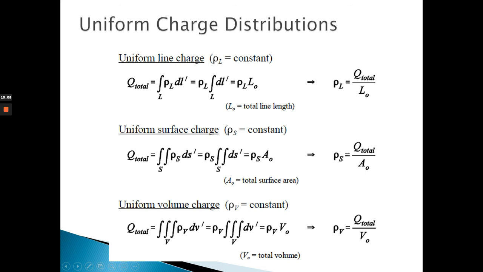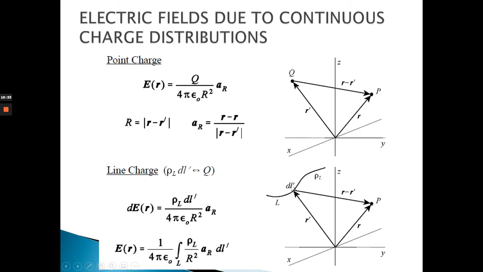Remember one thing: for line charge you integrate once, for surface charge you integrate twice, and for volume charge you integrate three times, because there are 3 variables. Here there is 1 variable, because this is a single line. Here it is length and width, and here the length, width and height. So this is the 3 ways of differentiating.